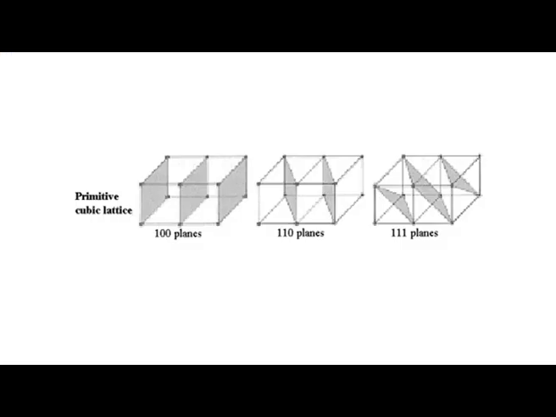But this is very easy to understand, because in one of the earlier lectures I showed you the primitive cubic lattices, and we did derive the kind of planes which are possible in a simple cubic lattice. As you can see in the figure, there are 1 0 0 planes, 1 1 0 planes and 1 1 1 planes in the same simple cubic lattice.